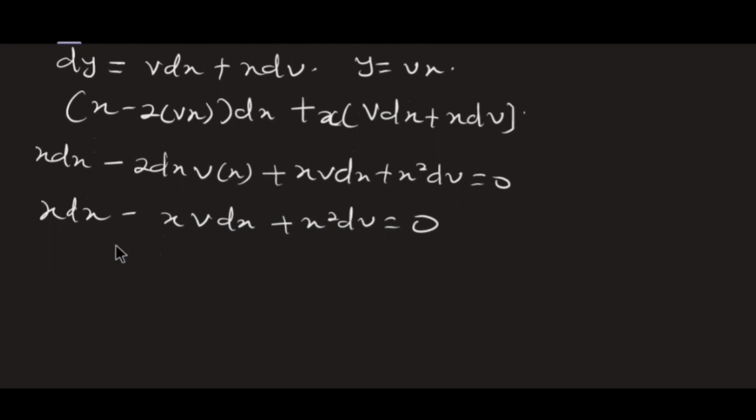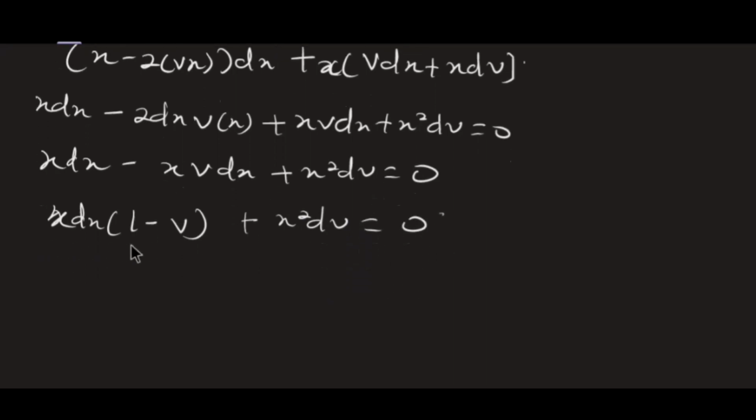Once you get this, I can factorize x dx out, and I'll get 1 minus v from this side plus x squared dv equals 0.